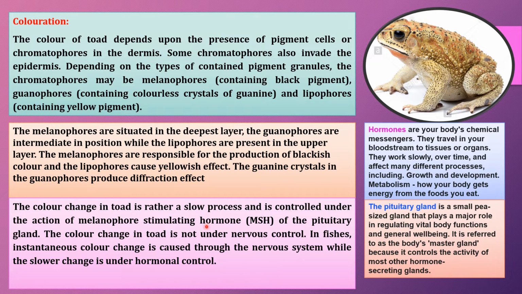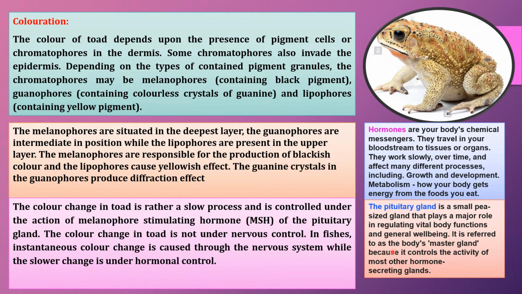So MSH, or melanophore stimulating hormone, is this type of hormone, but it is a hormone of the pituitary gland. Now my question is, what is the pituitary gland? The pituitary gland is a small pea-sized gland that plays a major role in regulating vital body functions and general well-being.